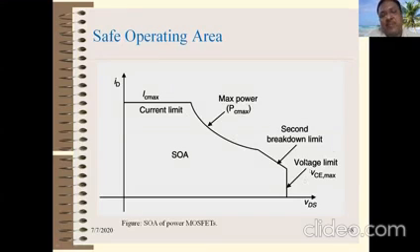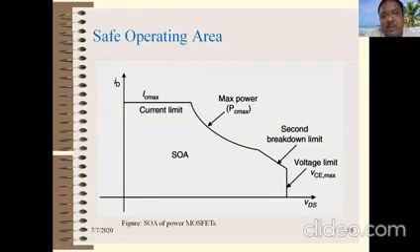So we have to operate the device within the limits given by the manufacturer in the data sheet. ID max is the maximum current limit where you can use your device. If you exceed the current ID, your device may be damaged.